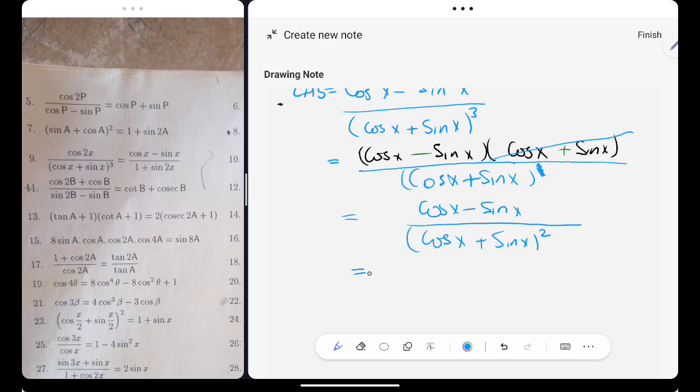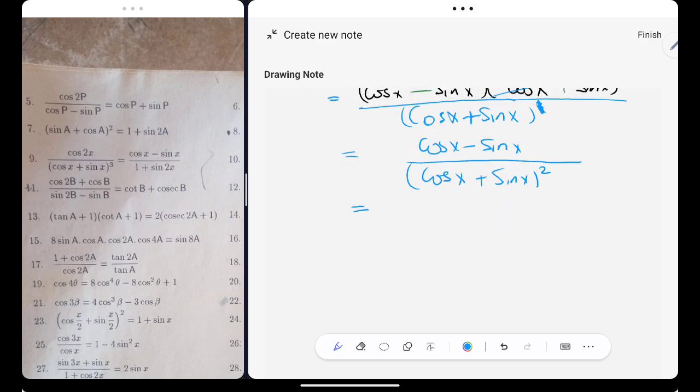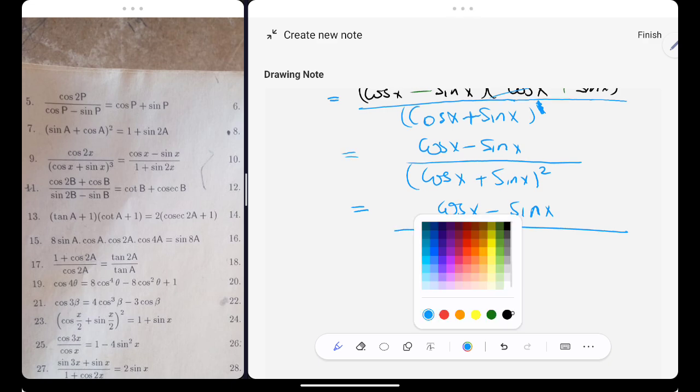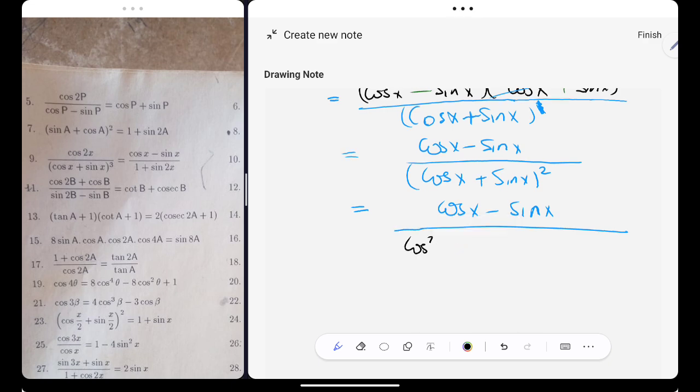Okay, I can take out the brackets at the denominator whenever I do so, but let me just write the numerator. Whenever I take out the brackets, I'll have cos squared x plus 2 sin x cos x plus sin squared x rather.